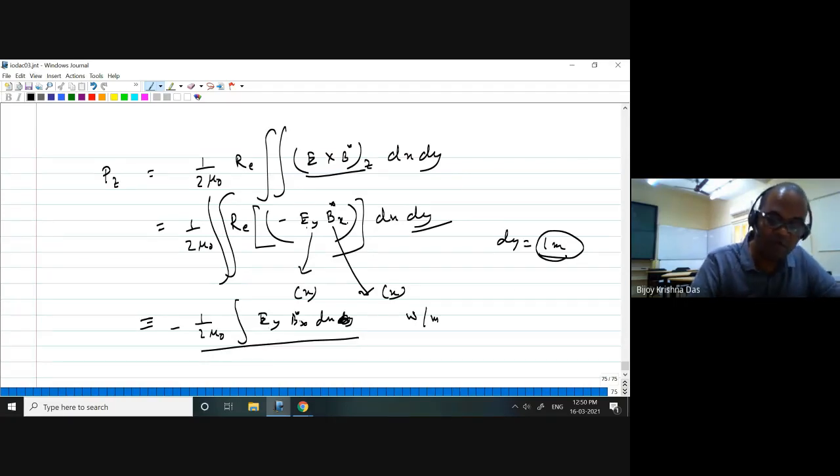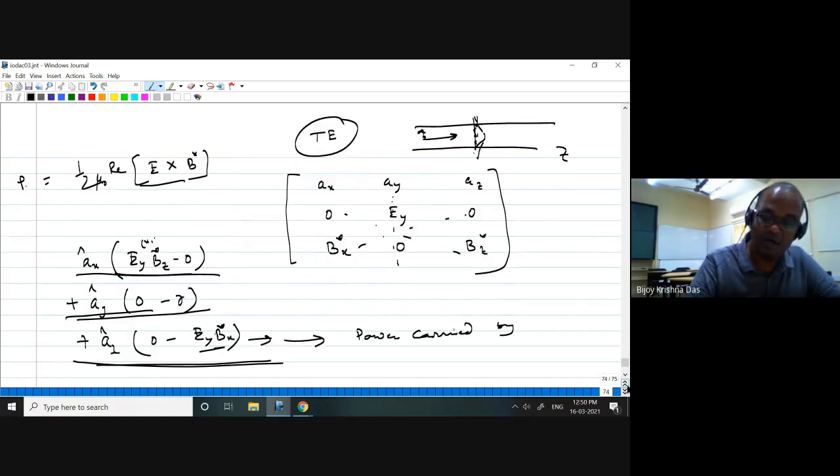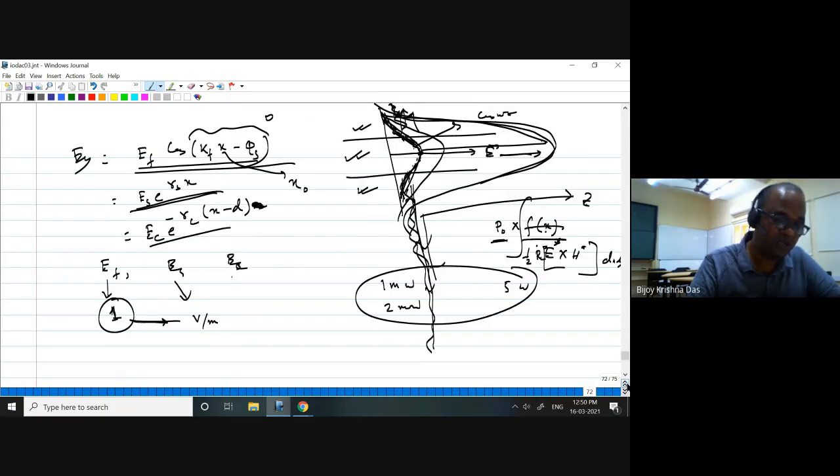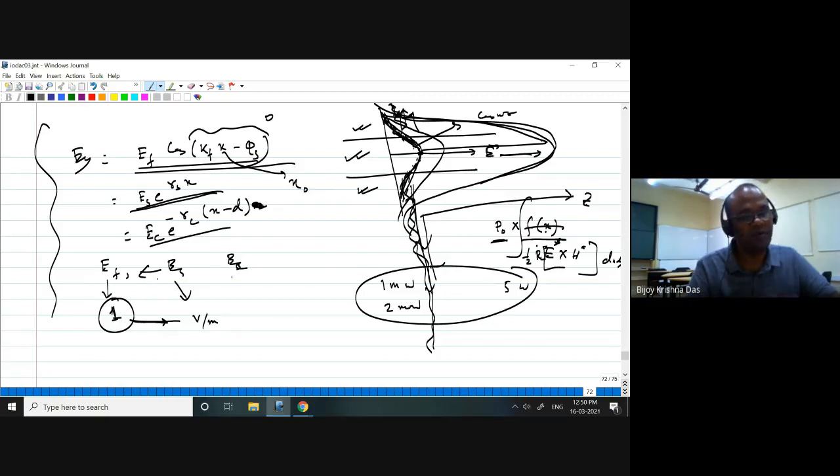So EY I know, for the 3 different zone regions I have considered expressions for EY, x dependent. Gamma c, gamma s, gamma, all those are known. I can represent Es, Ec in terms of Ef. Ef can be known, and it can vary, say 1 milliwatt, 2 milliwatt, 5 milliwatt.